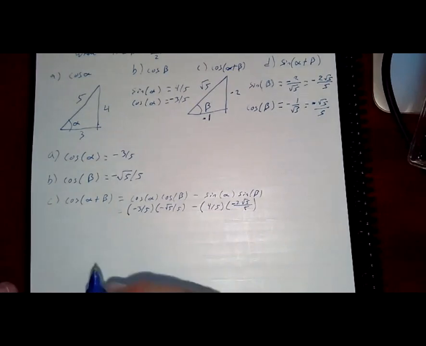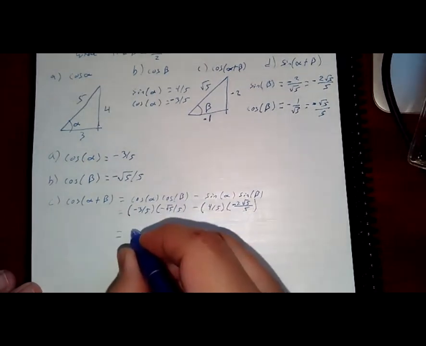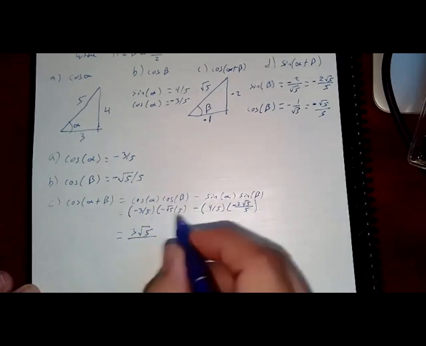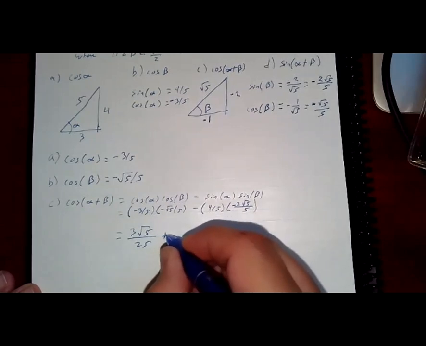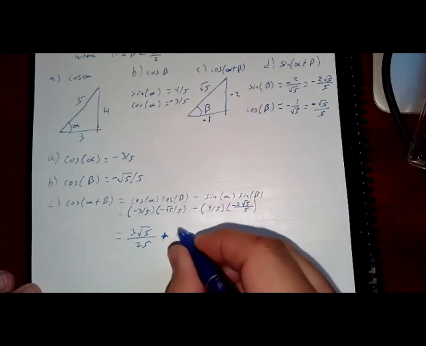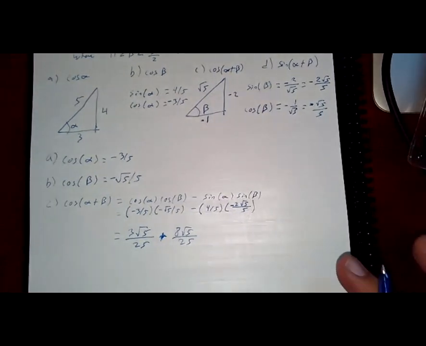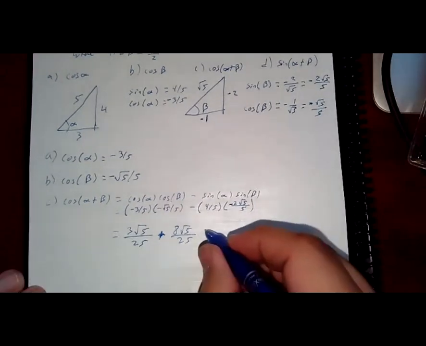So then just calculate this and we're done, right? -3 times negative that, it's going to be positive. 3 times root 5, over 5 times 5. Negative, negative, that'll be a plus at the end. So that will be 8 root 5 over 25. 4 times 2, root 5 stays, both over 5, 5 times 5.